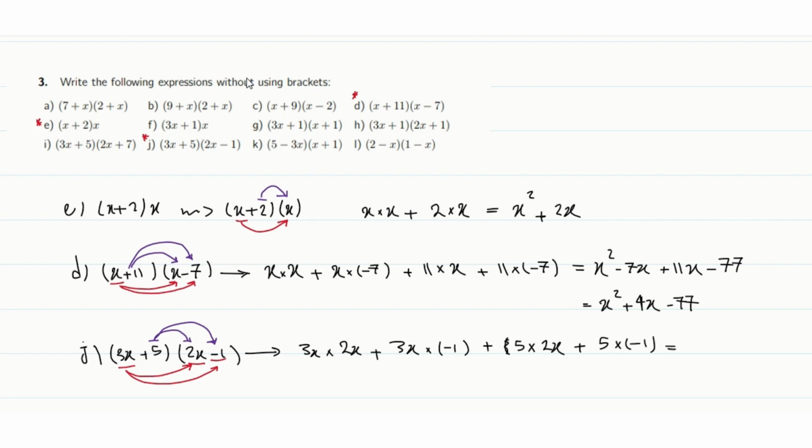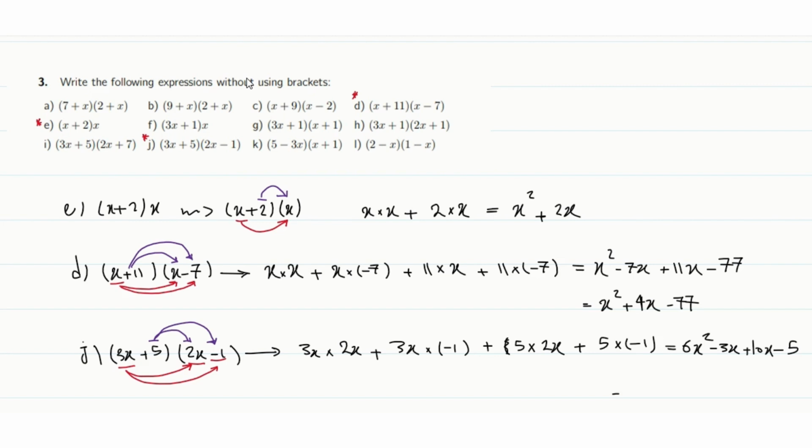And we have this equation: 3x times 2x would be 6x squared, and 3x times -1 would be -3x, and we have 5 times 2x, which is 10x, and we have -5 at the last.